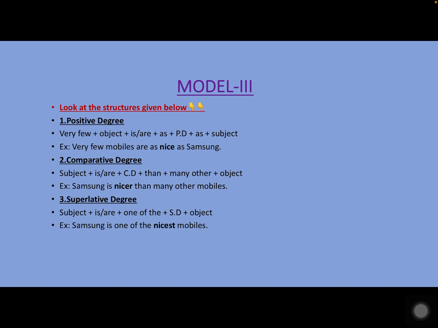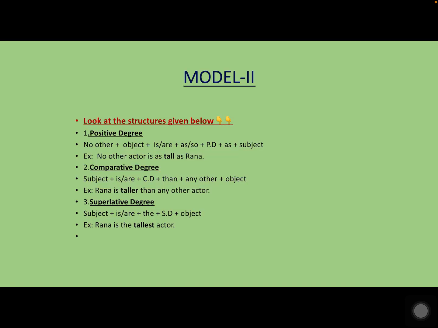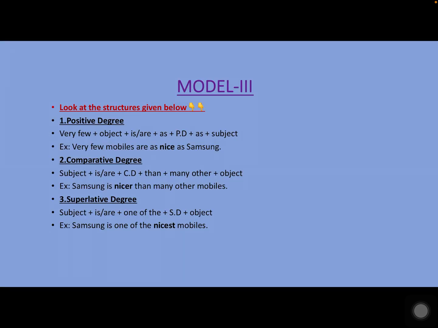So in the previous one, model 2, if it started with "no other," in comparative it is "than any other," and after the verb "the" plus superlative degree. But here, if in positive degree "very few" is there, then in comparative degree "many other" should be added after "than," and in superlative degree "one of the" plus superlative degree should be added. Okay, this is the difference that you have to see between model 2 and model 3.